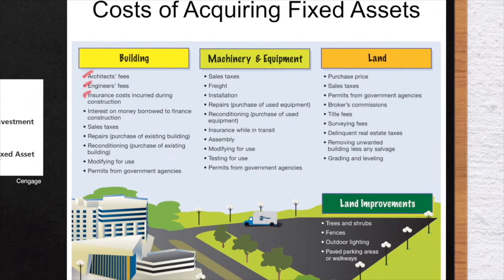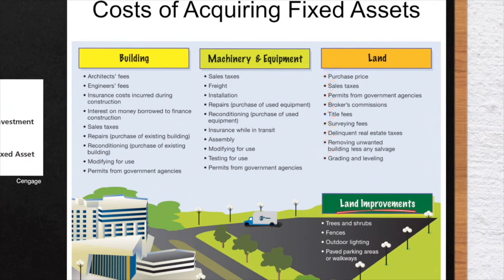I included a chart here for cost of acquiring fixed assets. There's building. So if you acquired a building, it would include all those costs that I'm checking off right now. If you purchased machinery equipment, it would include all these costs that I'm checking right now, or bullet points. And then if you purchased land, you would include all these examples of costs into the recording of land.